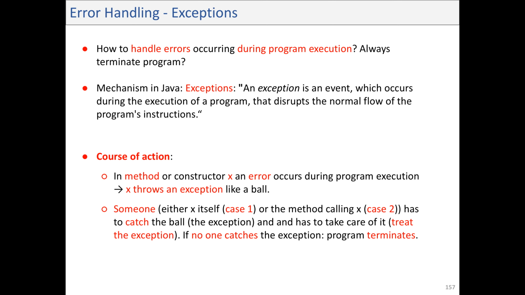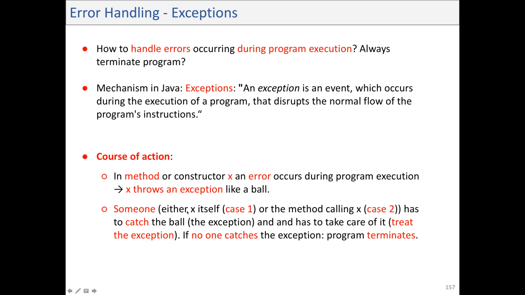And this is a lot more reasonable, because the method that asked the factorial method to compute the factorial of -5 may realize that it was in error itself and can then react. If someone throws a ball at me, being a method, then I know something went wrong and I can take notice thereof, instead of the error going unnoticed and the calculation going totally faulty.